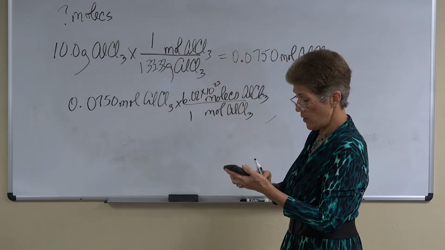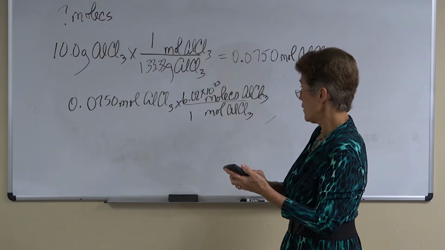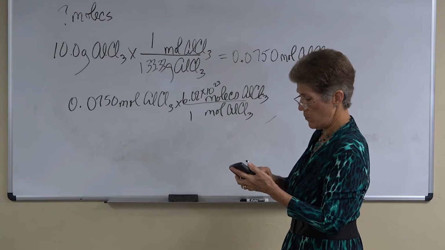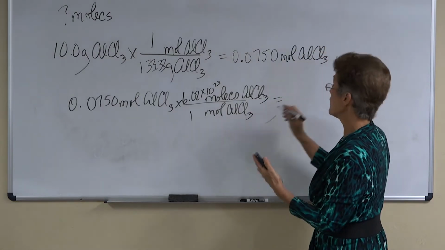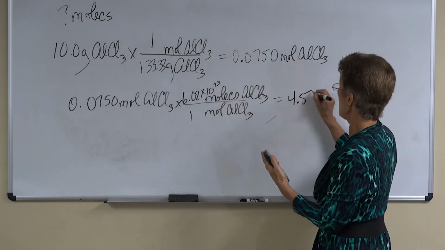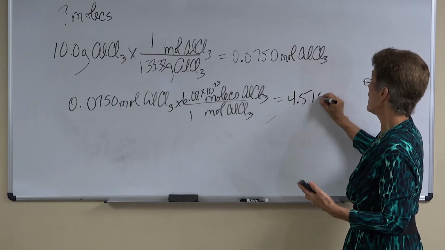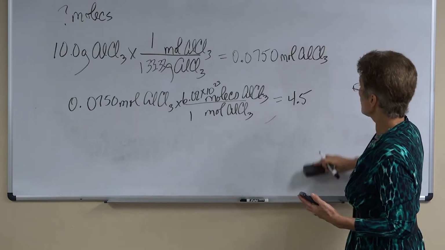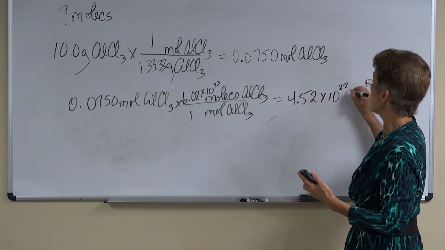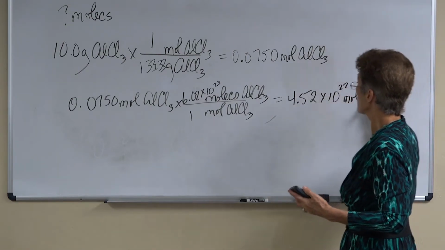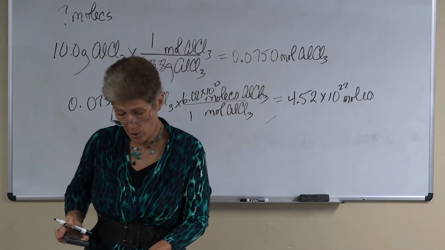So we're going to go 0.0750 times 6.02 EE23 gives me, in 3 significant figures, 4.5, and I've got a 1 5. So I'm going to roll this up to 2 times 10 to the 22nd molecules of aluminum chloride. Always look 1 past.